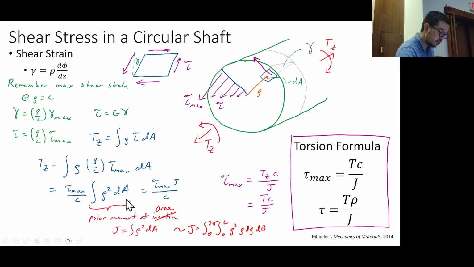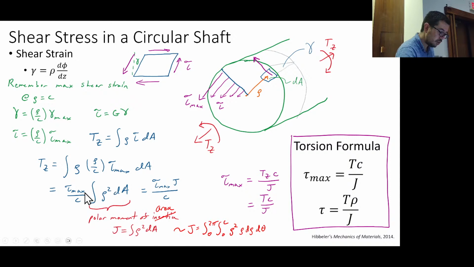And so now what we do is we define this quantity. The integral of rho squared dA is what we call the polar moment of area, and that we define as J. So J is equal to the integral of rho squared dA.